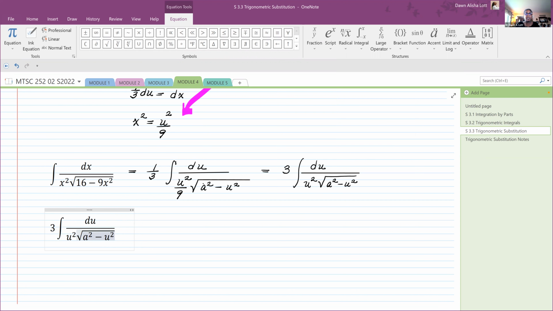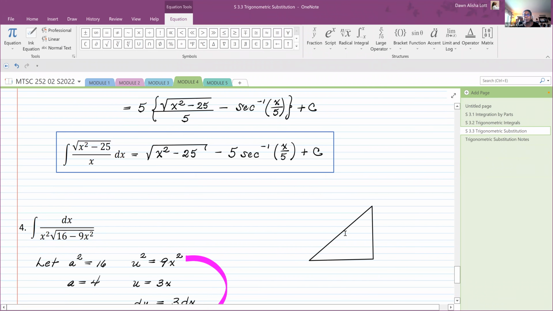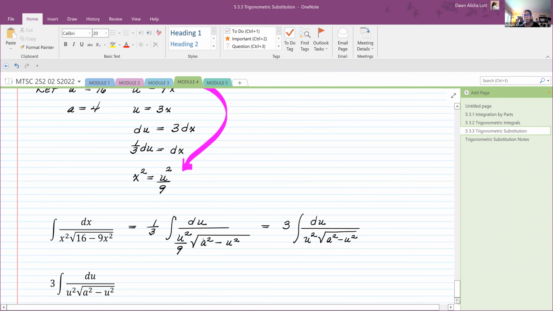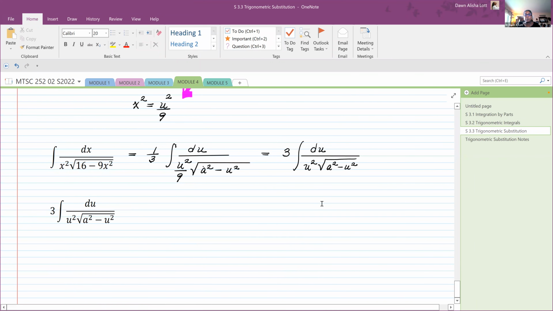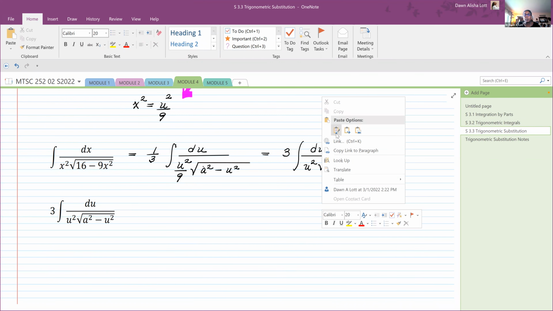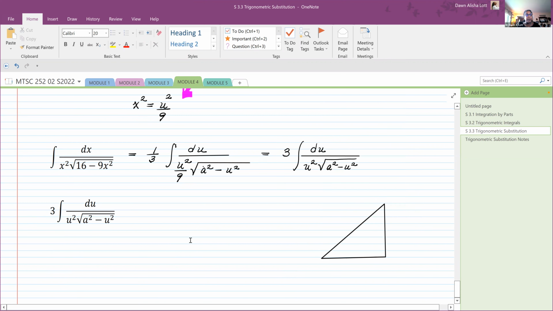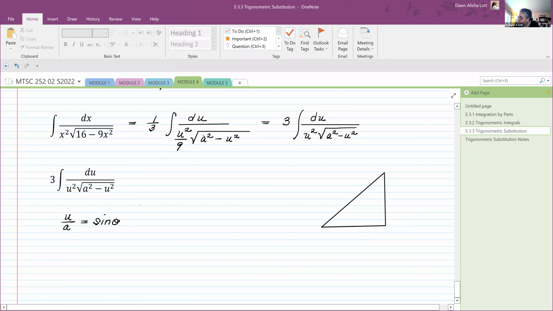Now let me grab my triangle and move it down here with the new problem. For the new problem, u over a is going to be the sine of theta. So u is a sine theta.